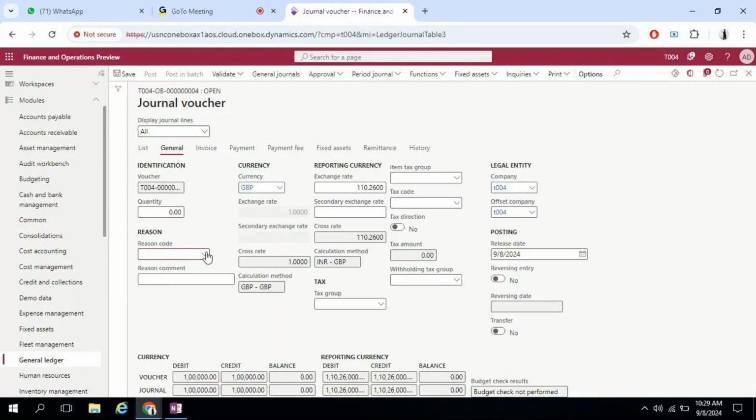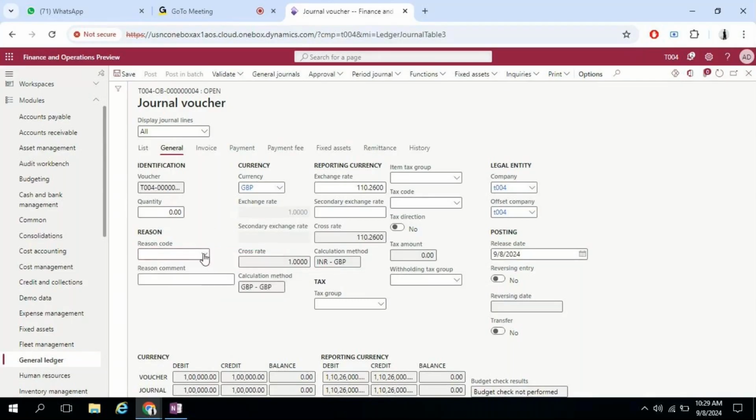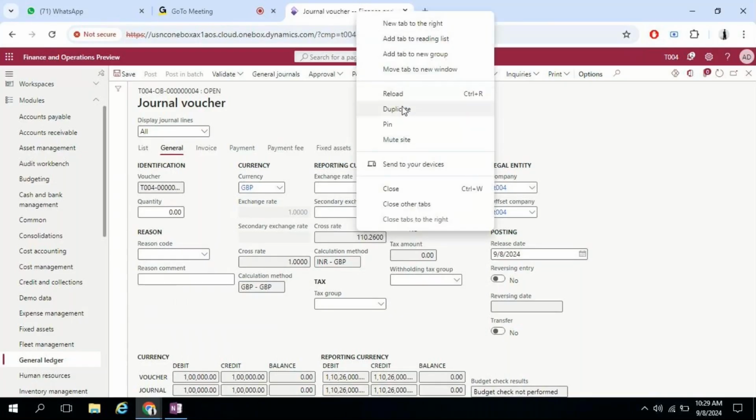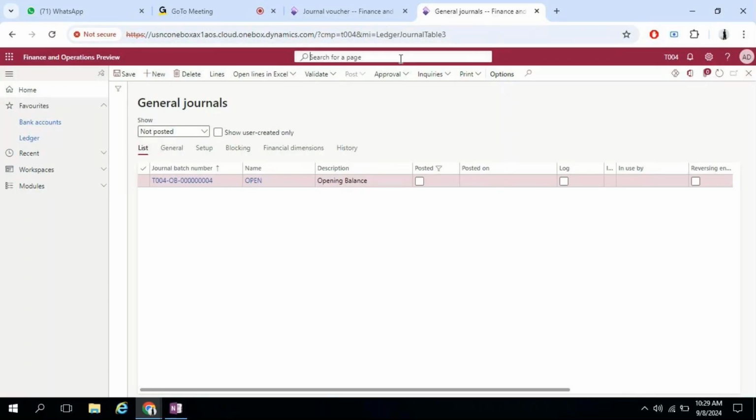What is the reason for it? What is the reason for this particular journal to be posted? So for that you can add a reason over here. To add a reason, you need to add a financial region in the system. So if I duplicate it and search it, go for the regions.